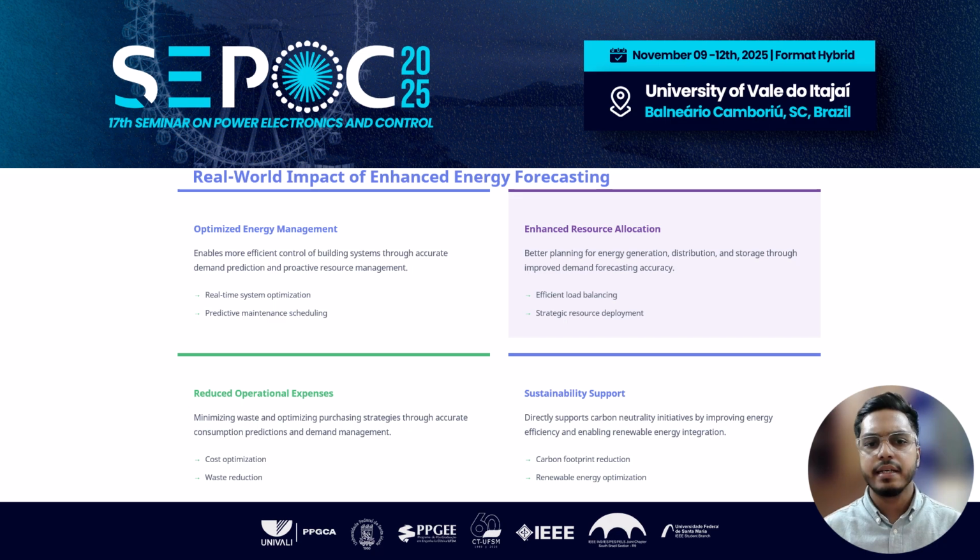Then it facilitates enhanced resource allocation for better planning of generation and distribution. And this leads to reduced operational expense by minimizing waste. And most importantly, it offers direct sustainability support for achieving global carbon neutrality.